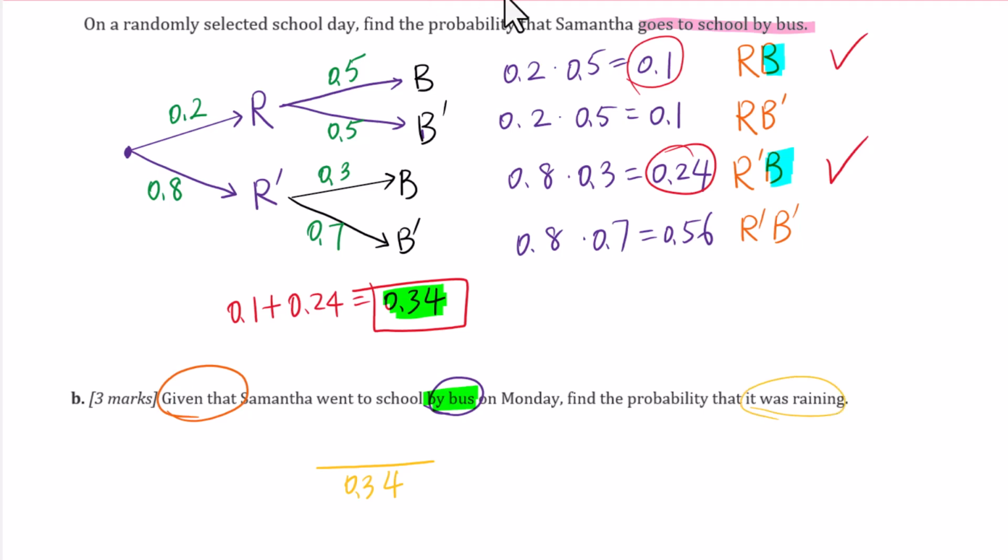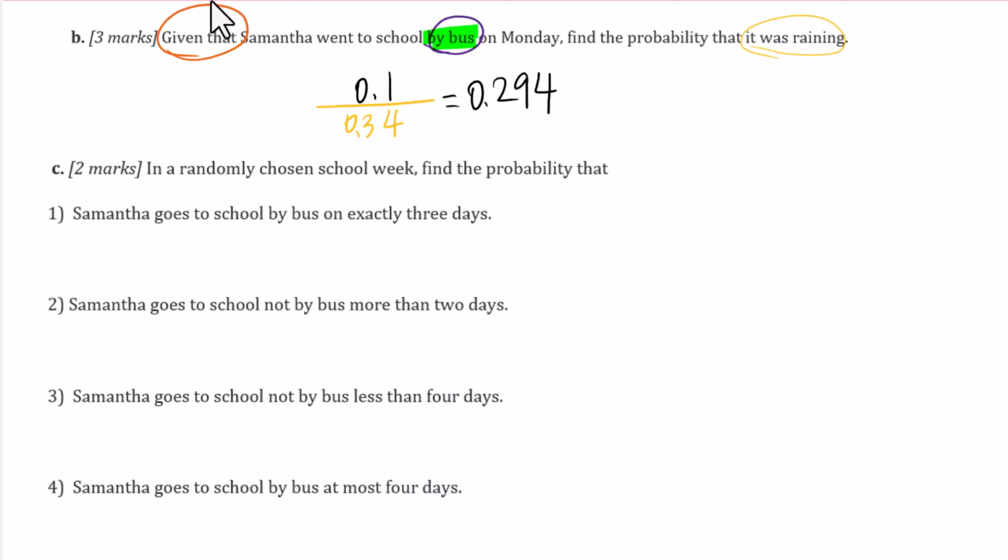Check back. These two probabilities form 0.34. You need to check which one is for raining. 0.1 is for raining. So 0.1 will be the numerator. 0.294.